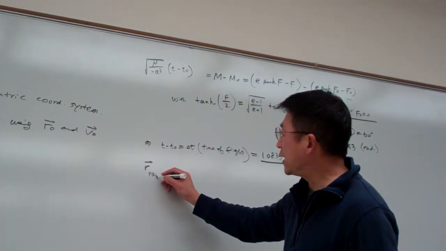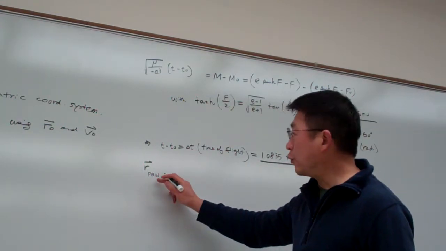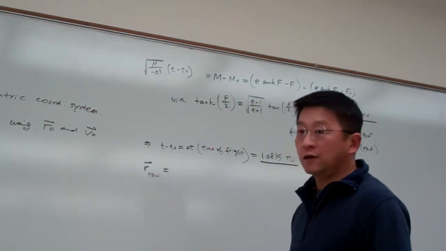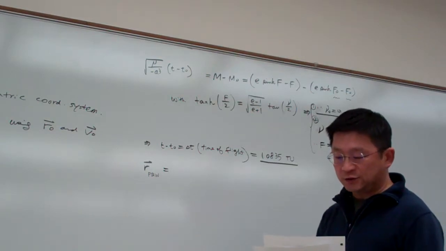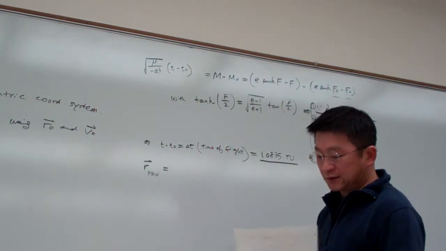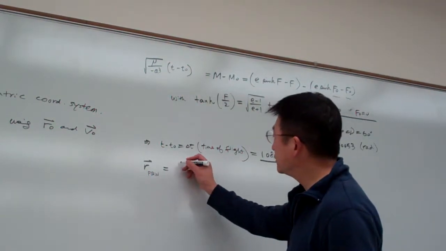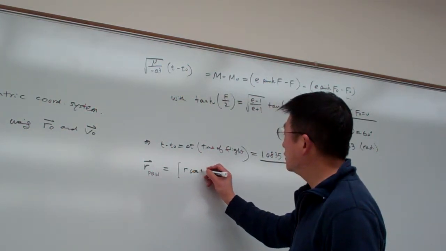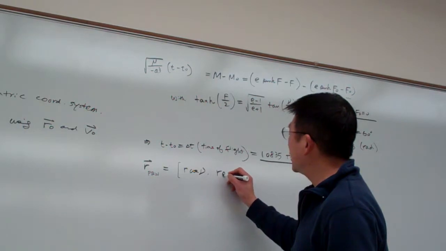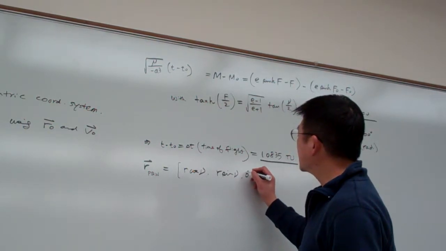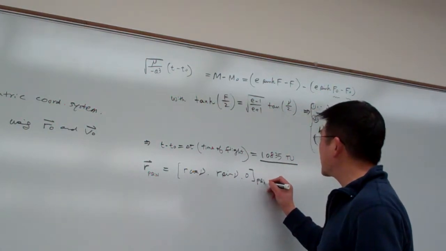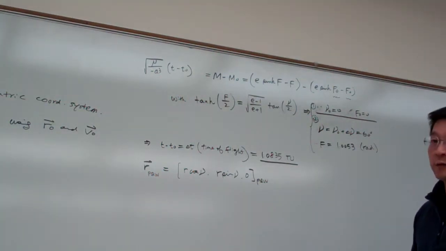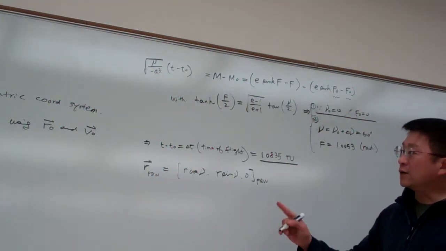In PQW, in the perifocal coordinate system, we have the R formula that is on the cheat sheet. And that one is equal to R cosine nu, R sine nu, 0. Again, I want to emphasize this is in the PQW system. And what is R?